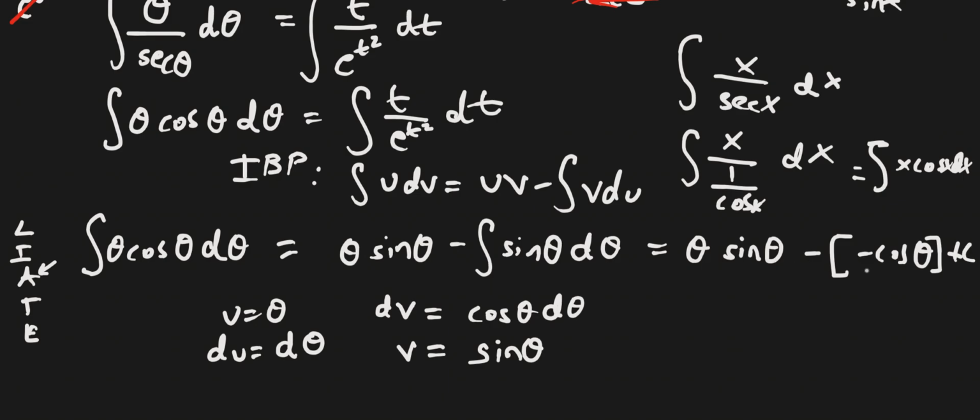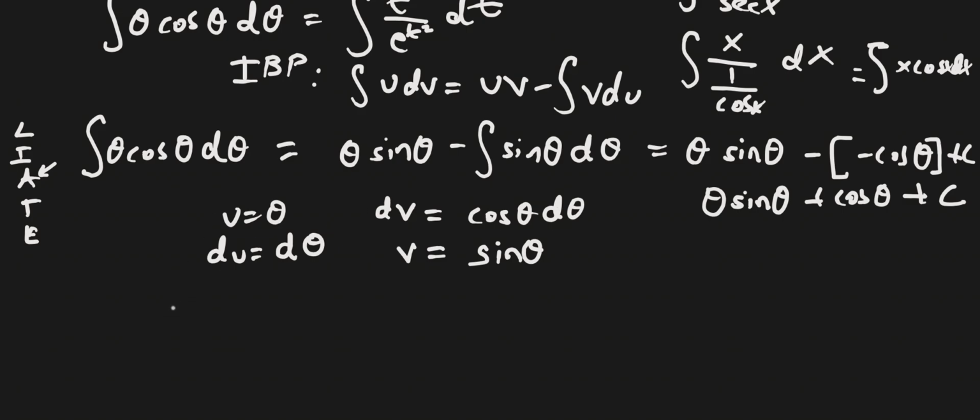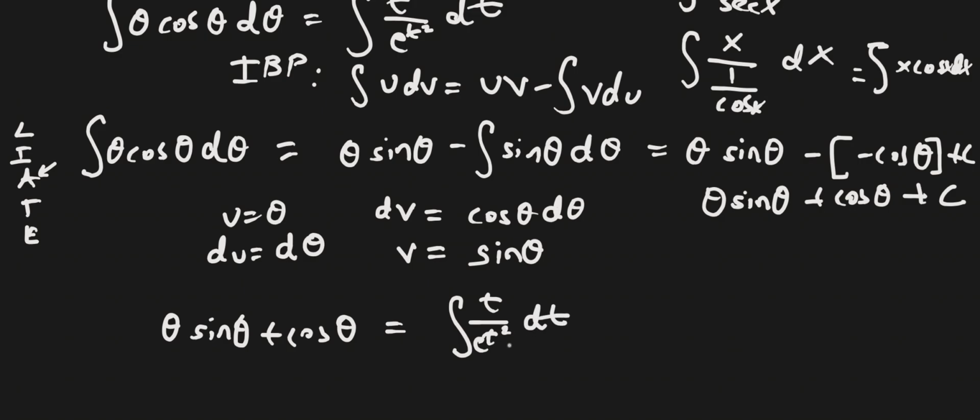So this is just theta sine theta plus cosine theta plus c. Here we don't need to write the plus c, because we can write it on the other side. So this is equal to theta sine theta plus cosine theta on this side, and this is going to be equal to the integration of t by e to the t squared dt.